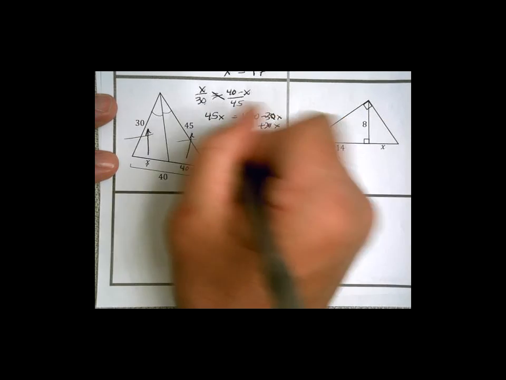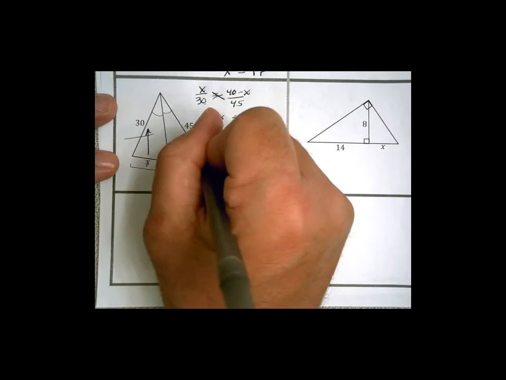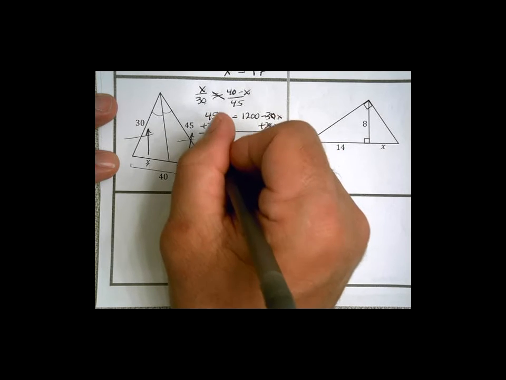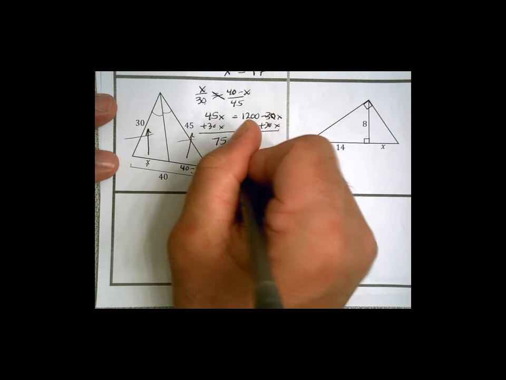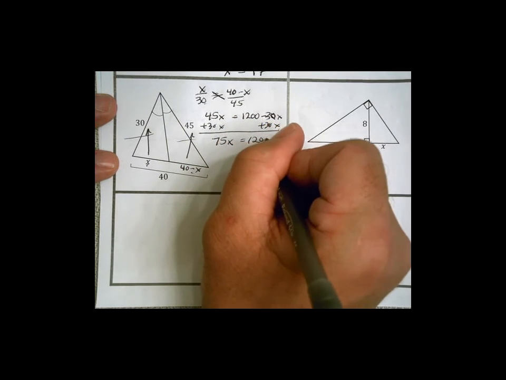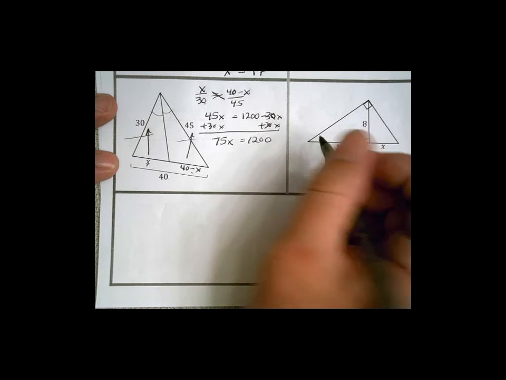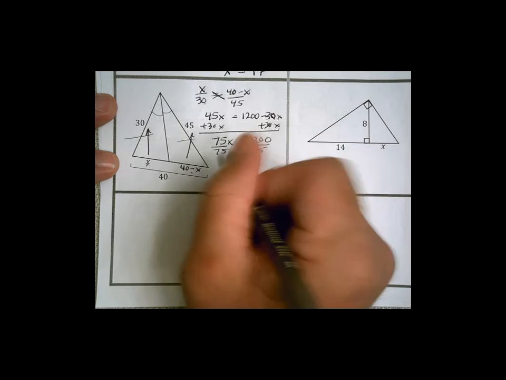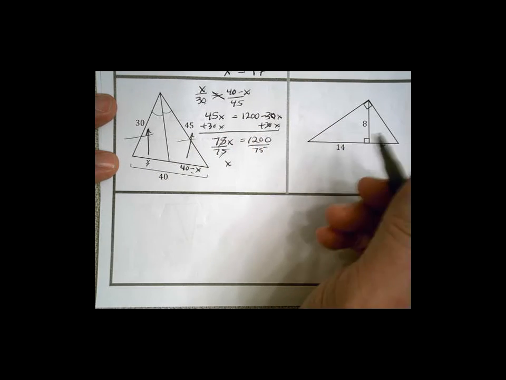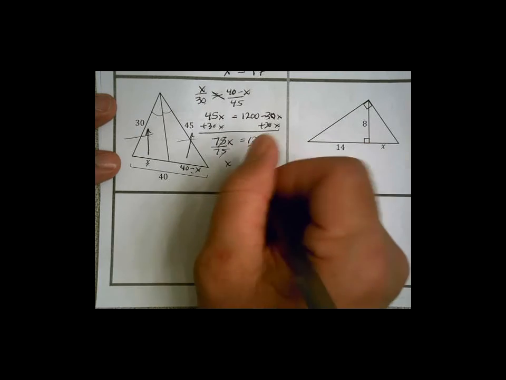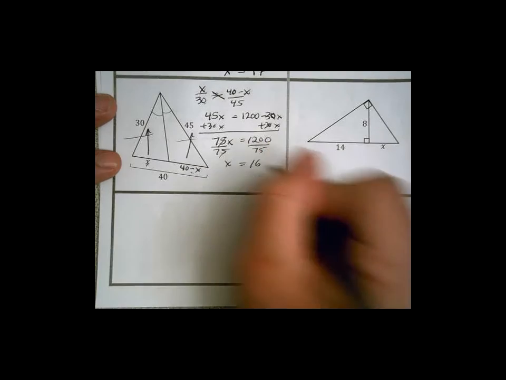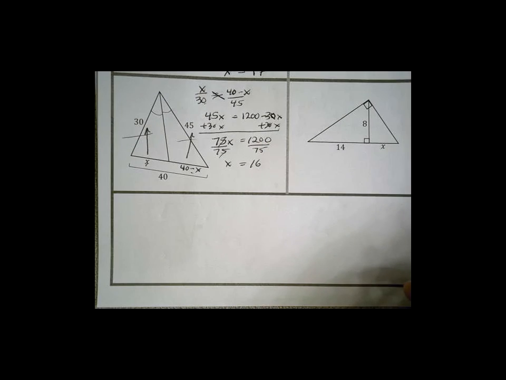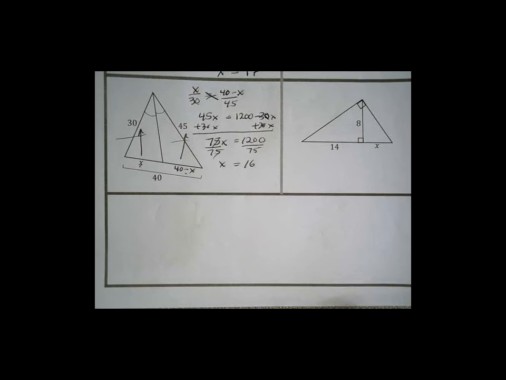I add 30x to both sides, and I end up with what? 75x equals 1200. And we divide both sides by 75. Okay, so we get x equals, what do we get? 4 times 4 is 16. Okay. All right, last one.